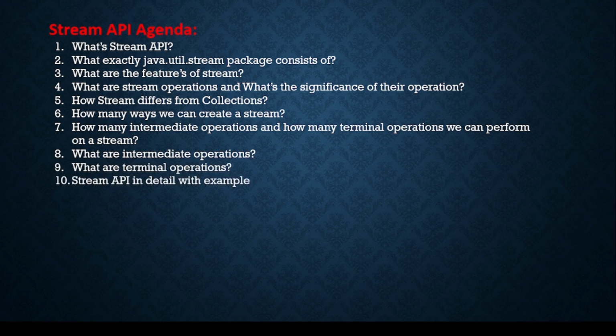I am going to explain stream API in detail with examples. No need to hurry. After discussing the 10th point, stream API in detail with examples, once you understand terminal operation and intermediate operation and how we will work with the stream API, then I'm going to provide the 11th point: a real-time use case with stream API.